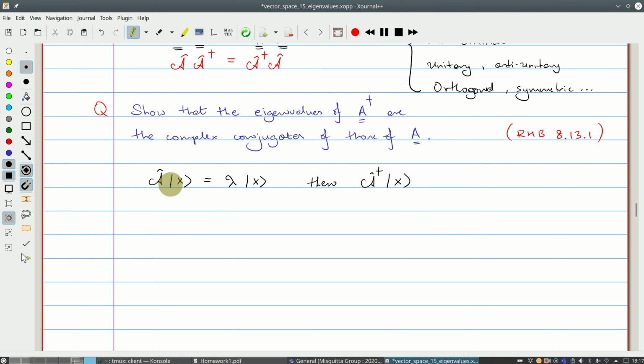In fact they will share the eigenvectors, the eigenfunctions. So that's what we want to show.